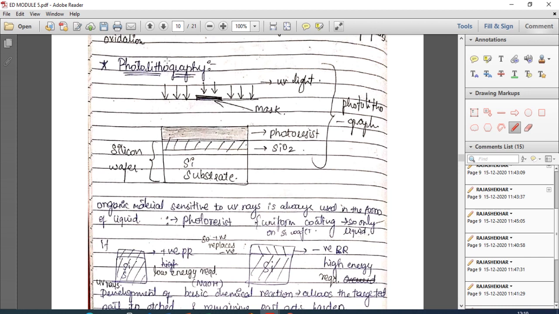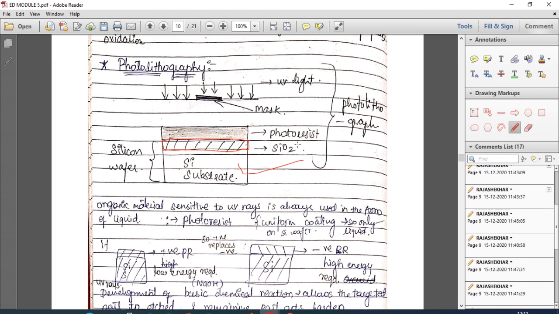First, look at this diagram. This is a complete diagram which is used to explain photolithography. So what does it consist of? Here I used a silicon substrate, which is exposed to oxidation, so it forms a silicon dioxide layer.